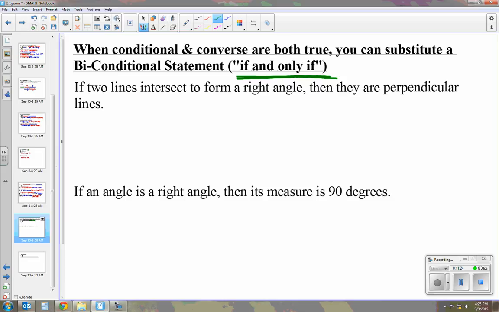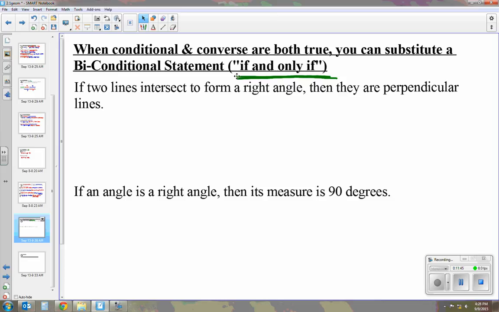So if we look at this first statement, it says if 2 lines intersect to form a right angle, then they are perpendicular lines. That is true. Let's look at the converse. If 2 perpendicular lines intersect, then they form a right angle. That's true as well. So we can write a biconditional statement.